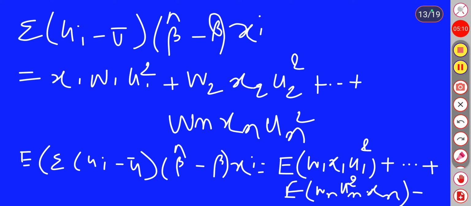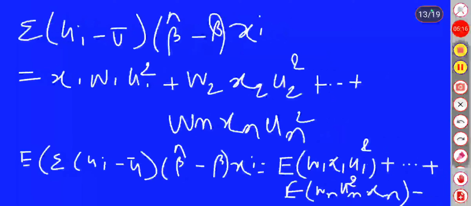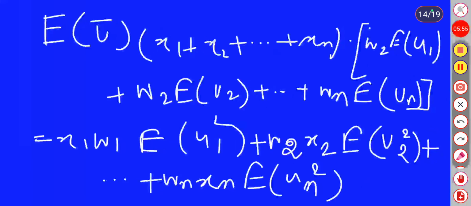We get x1 w1 u1 square, x2 w2 u2 square, xn wn un square, and taking expectation, the expected value of sum of (ui minus u bar)(beta hat minus beta) xi is equal to the expected value of wi xi ui square plus the expected value of wn un square xn, and the expected value of u bar.